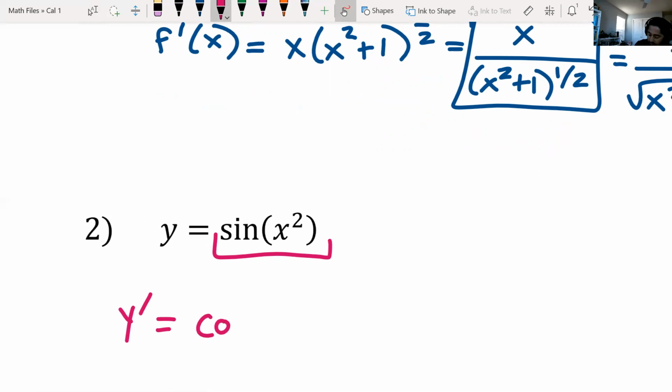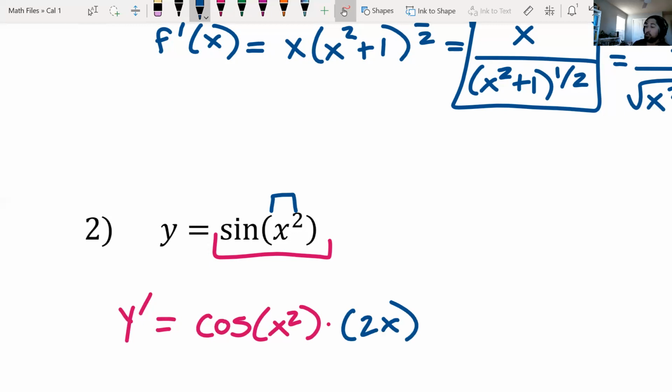So it's going to be cosine of x squared times, and now it gets multiplied by the derivative of the inside function, which is just 2x.